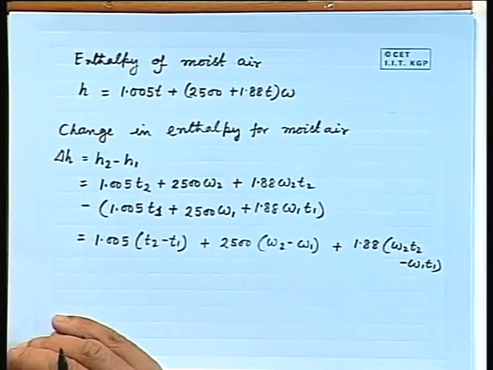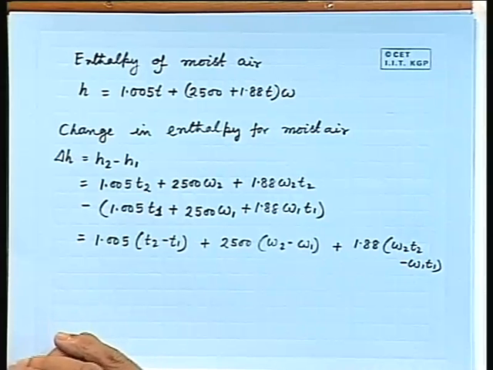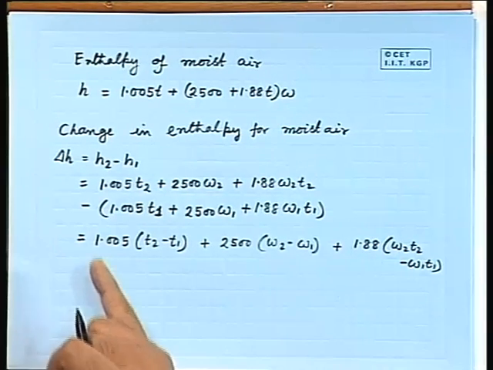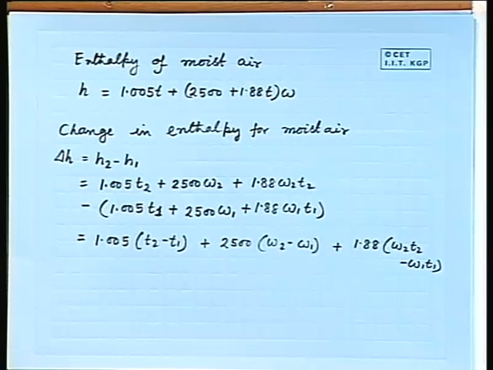Now, the problem is that H can be expressed as Cp delta T, all right. But in this case we can see that it is exactly not so. These are the other terms which are coming into picture.